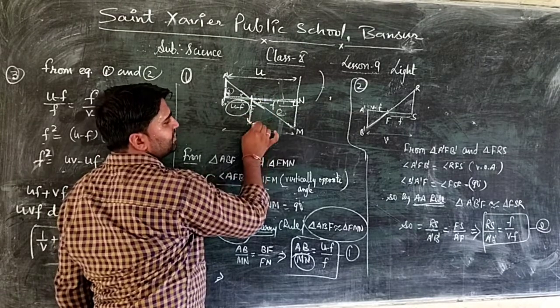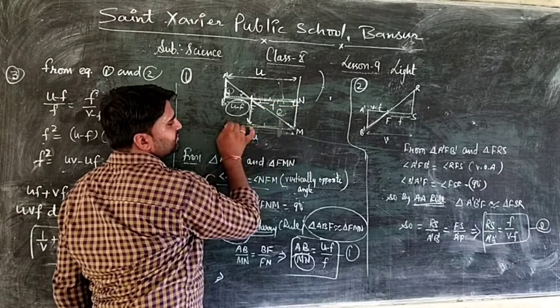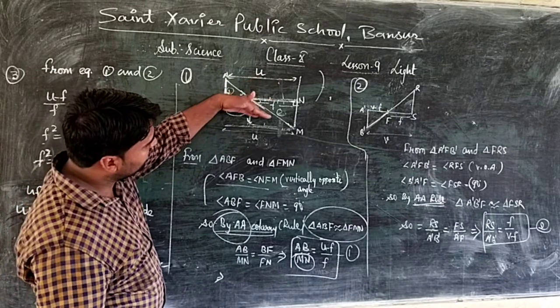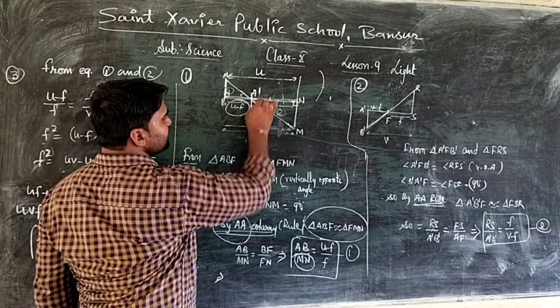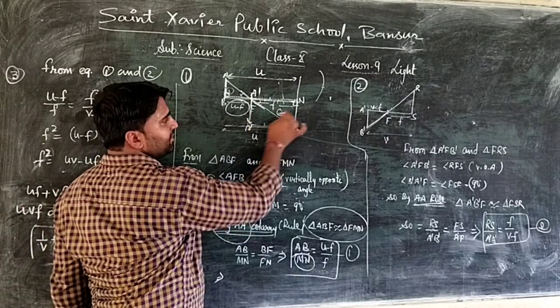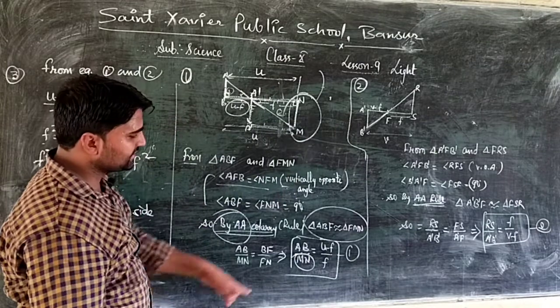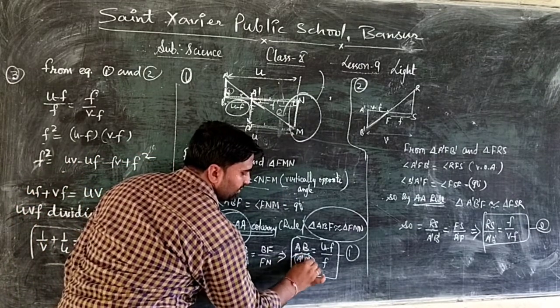This is the image and both will be equal, because between parallel lines, this will be parallel when I draw the line from the focal point. So between parallel lines both distances will be equal. You know very well this image is A dash B dash. It will be equal to this. So in place of this Mn I can write A dash B dash here.